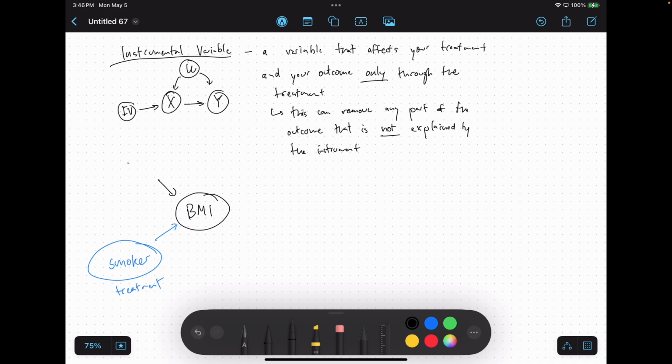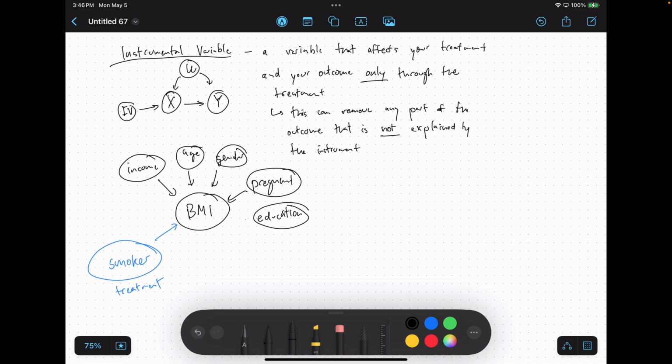And so you might have something like income or age, gender, whether they're pregnant, their level of education, right? So there could be a whole slew of different variables that may affect your BMI, your body mass index, besides smoking.